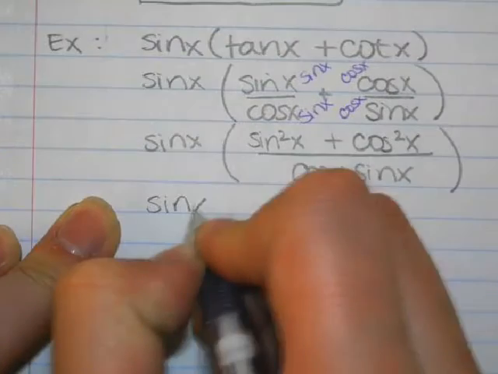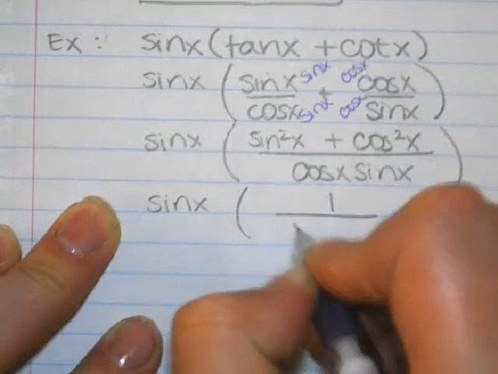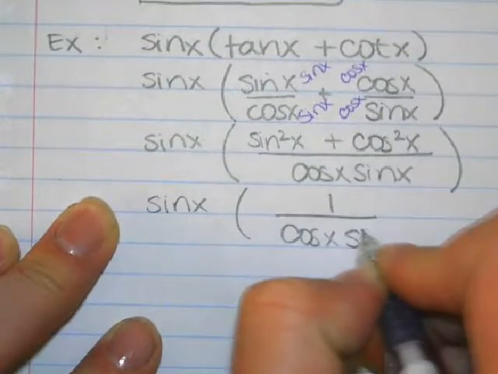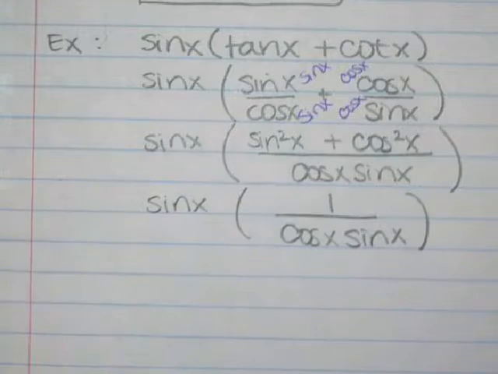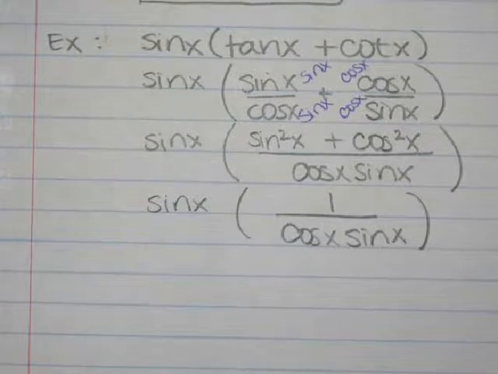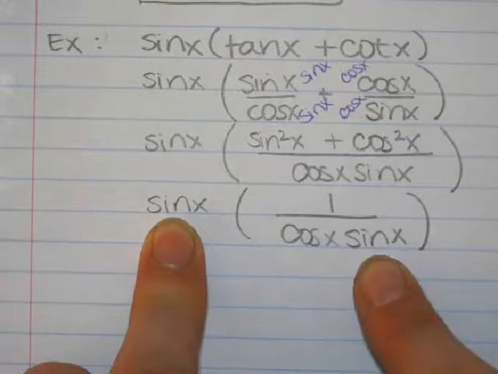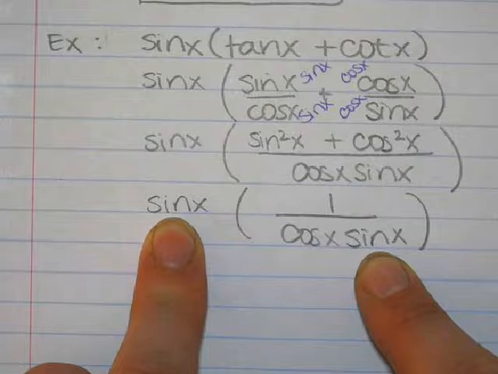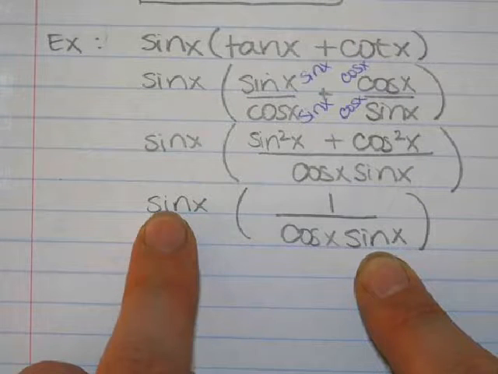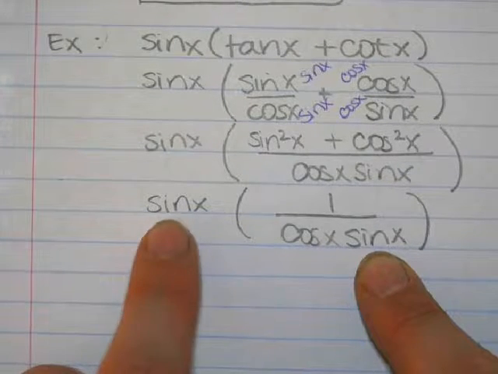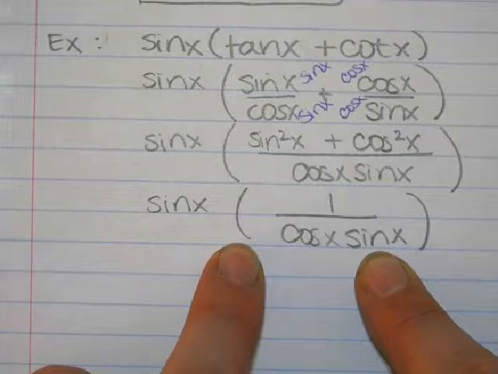We'll leave the algebra for a second. So 1 over cos x sine x. Okay, can anyone see? Can't you take the sine out? Yeah, you can divide the sine. Sine divided by sine, those cancel. Do you see that? So this is sine times something.